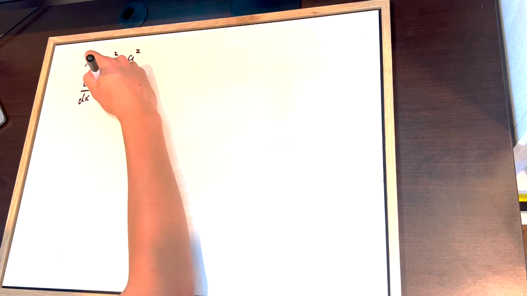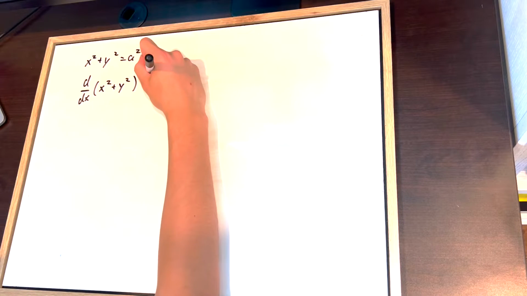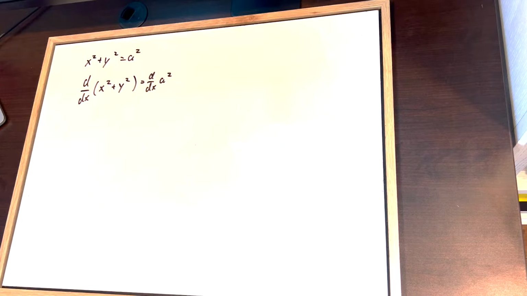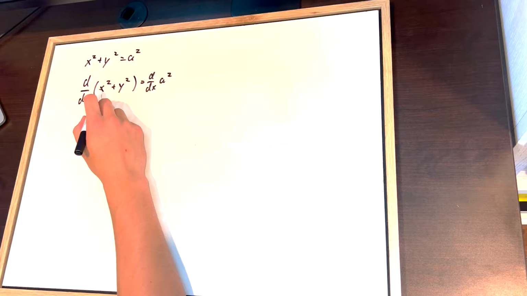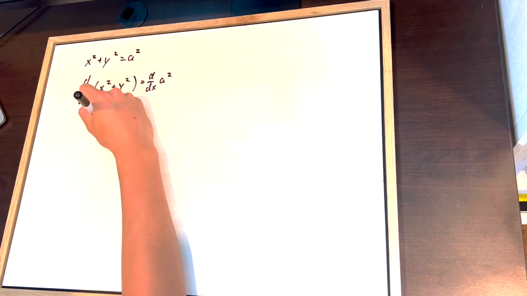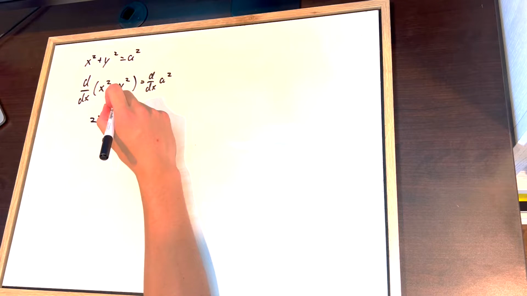How this works is we differentiate both sides with respect to x. So how we evaluate this is that we first differentiate x squared with respect to x, which is just 2x, but then when we differentiate y squared with respect to x, we have to use the chain rule.